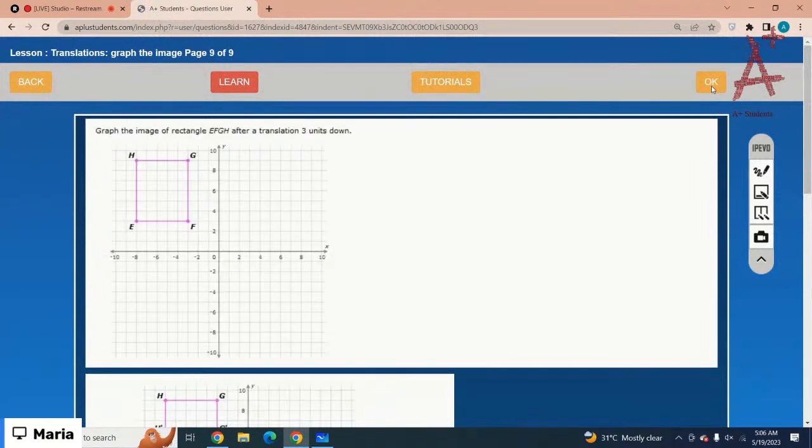Graph the image of rectangle EFGH after a translation of 3 units down.